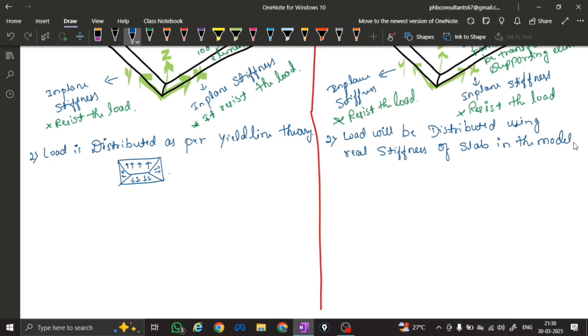It means in shell element it considers the stiffness, and according to the stiffness the load will be transferred.